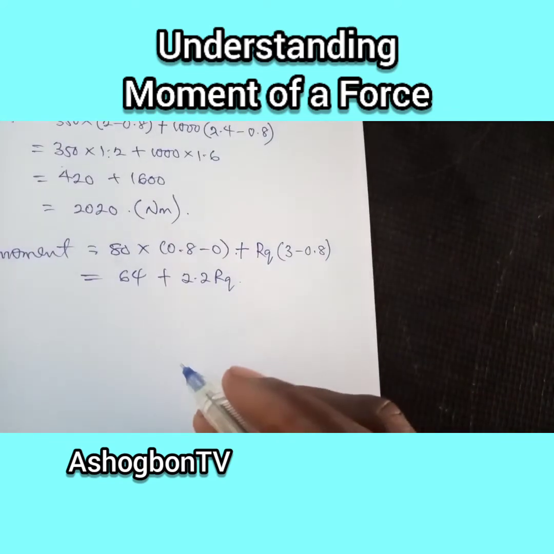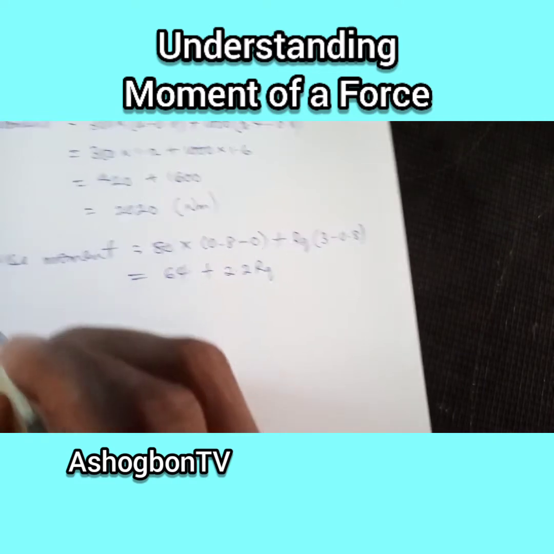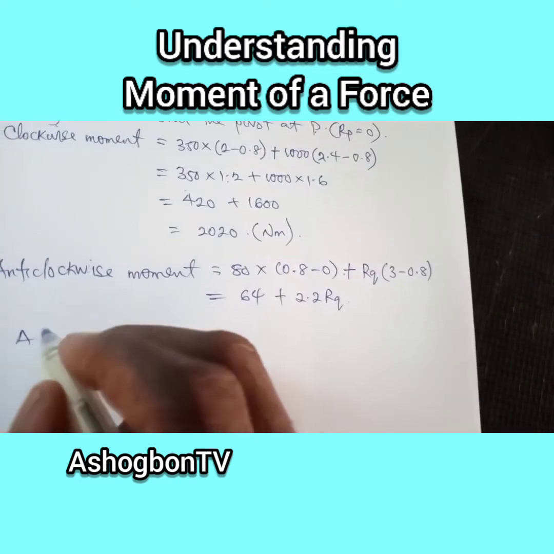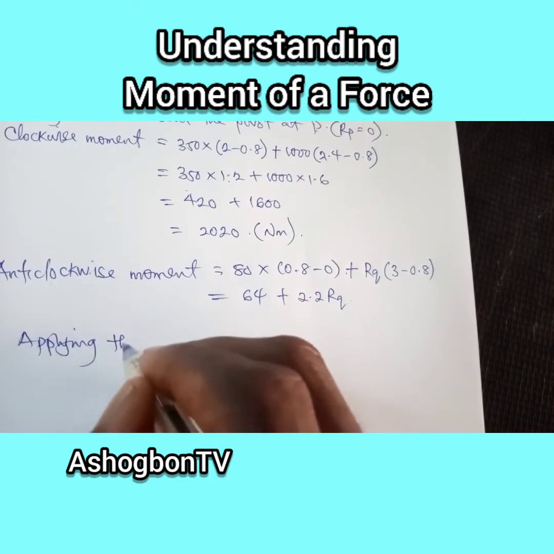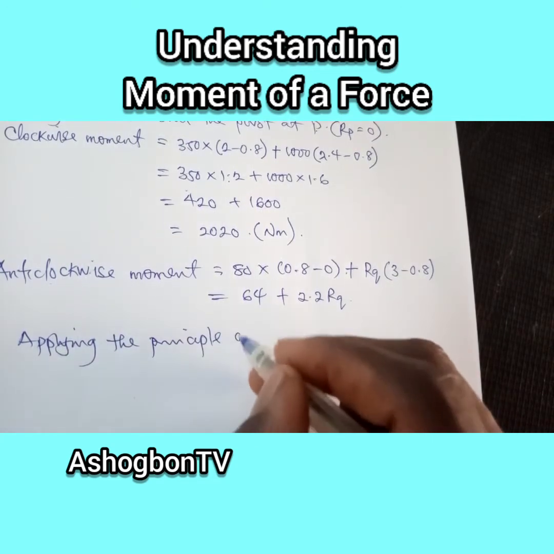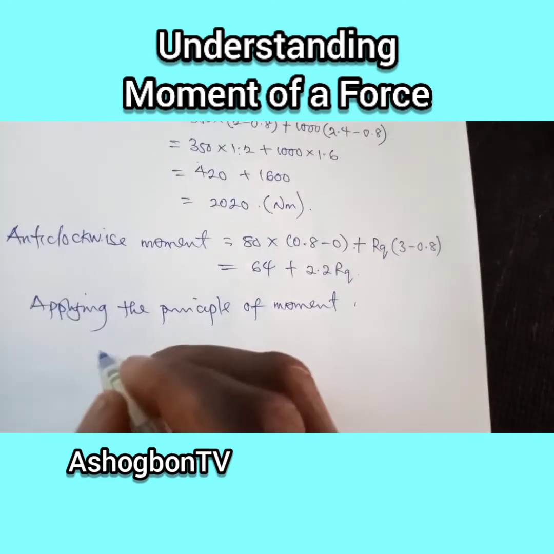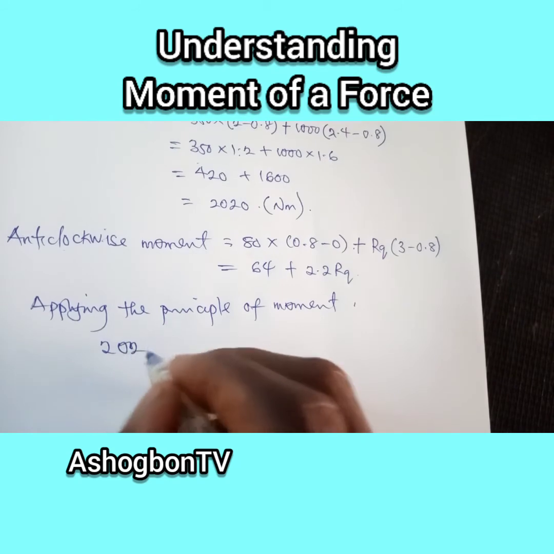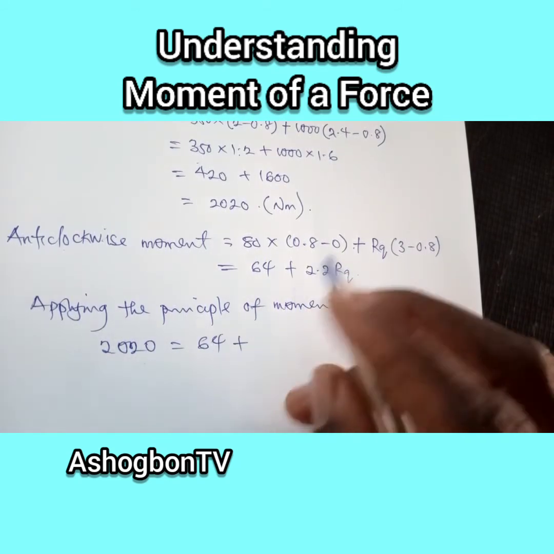So what then do we now do? It's simple. We just have to apply the principle of moment. So if you do that, your anti-clockwise moment will be equal to the sum of the clockwise moment.